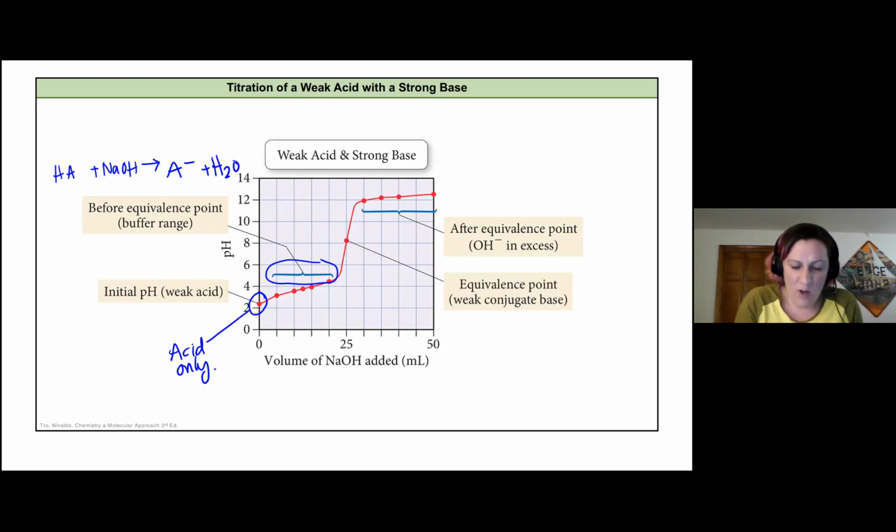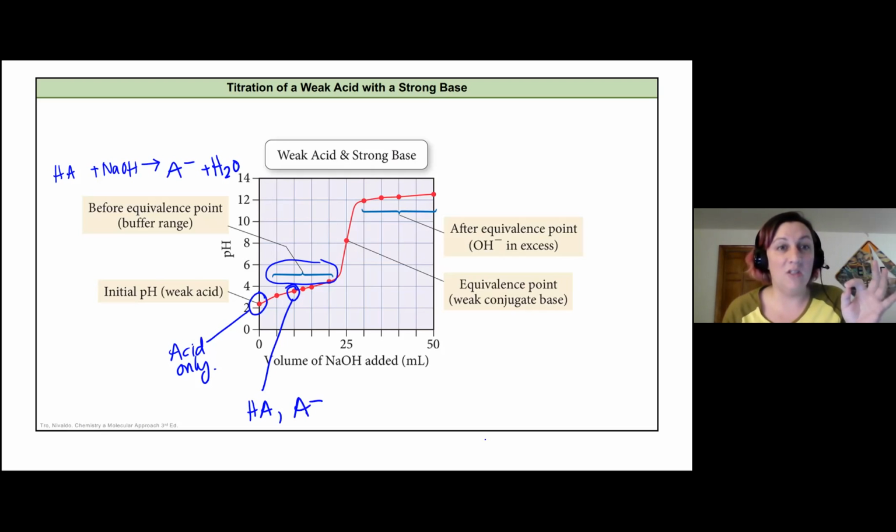So at any one of these points, let's just take this point right here, we have some acid around and we have some conjugate base from that acid, but we don't have any hydroxide ion because all hydroxide added will react with the weak acid to form the conjugate base. So we just have these two things.